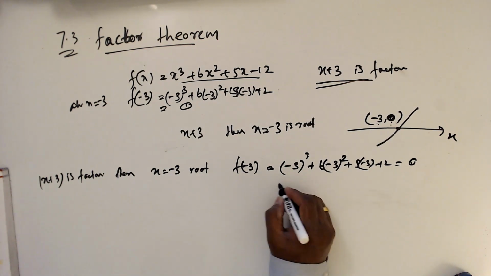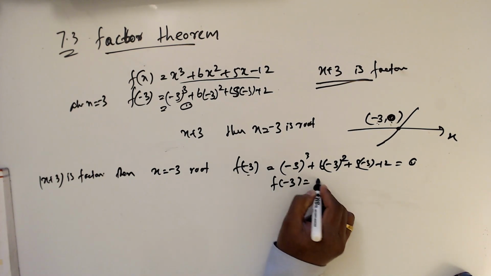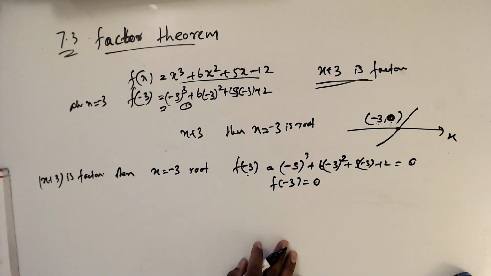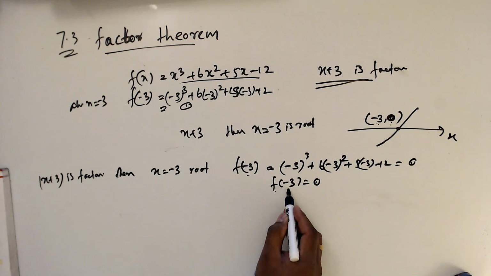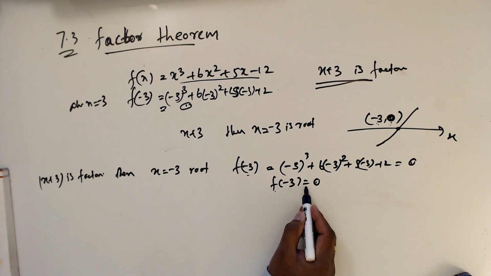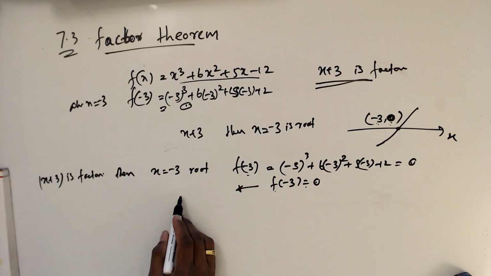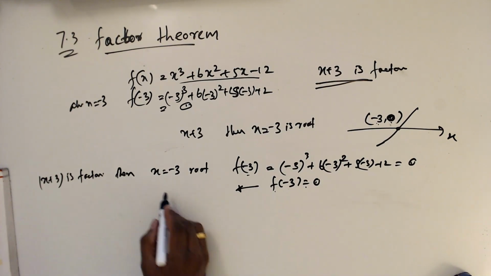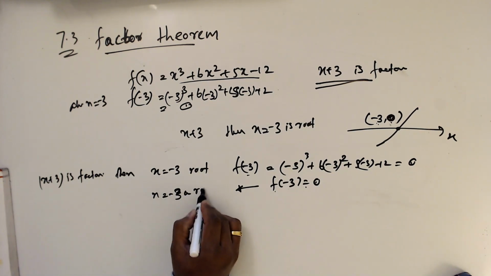In other way, right now I'll write the summary. f(minus 3) is 0. Assume that. Now we'll go backward. If minus 3 makes 0, then what can you tell? x equal minus 3 is a root.